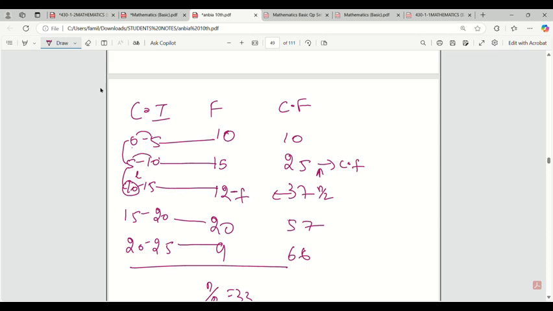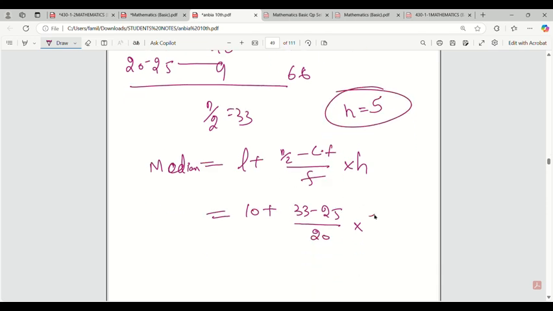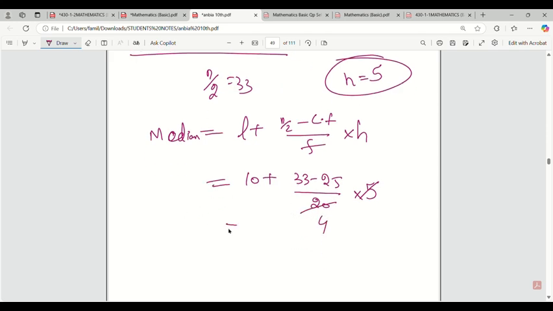Any one you can take. 0 to 5 is 5, 5 to 10 is again 5. So height will be 5. In a simple way, we can see it is the table of 5: 5, 10, 15. So height is 5, meaning the gap between them is 5.